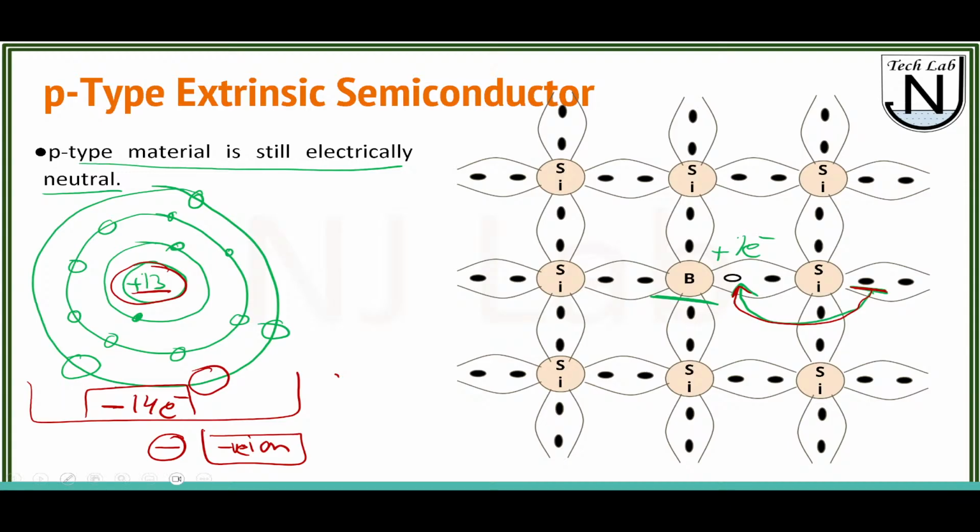But if we look at the overall material, even if this electron is transferred over here, overall we have the same number of electrons and the same number of positive ions. So at the end, similar to the n type, this p type material is electrically neutral.